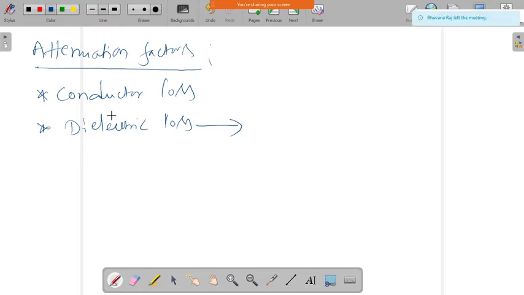The conductor loss is due to the resistance in the conductor. That loss happens due to the skin effect, and we have seen how the surface current varies with respect to frequency. At a particular frequency that you define, there will be a conductor loss. These are the two common losses encountered by the wave whenever it is propagating through the microstrip line.